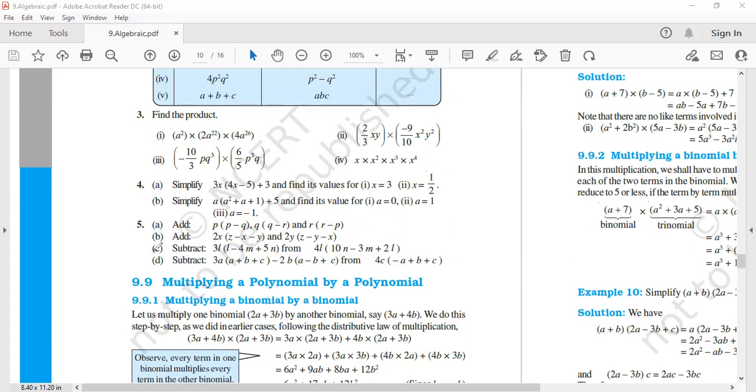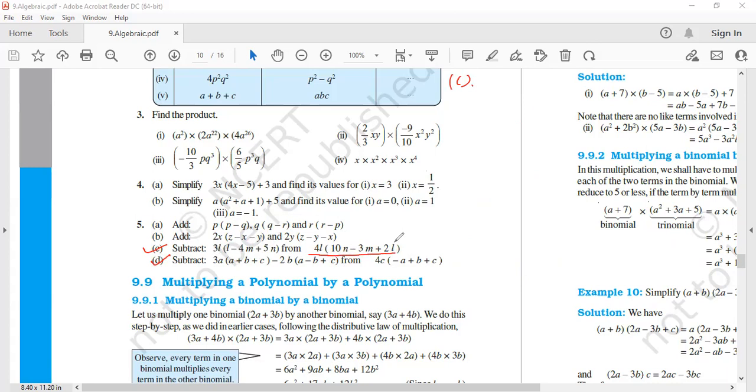Similarly, for the second addition, you will do it yourself. I am doing C part, subtraction. C and D both I will solve, don't worry, because B, E, F you can do yourself.